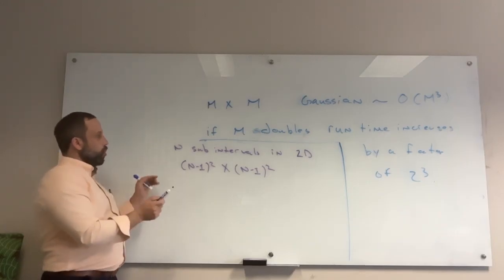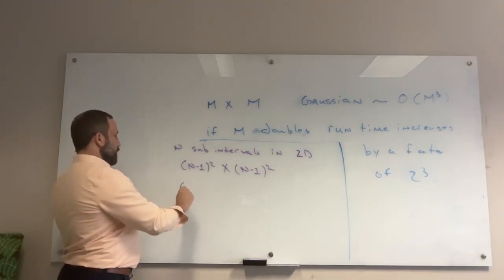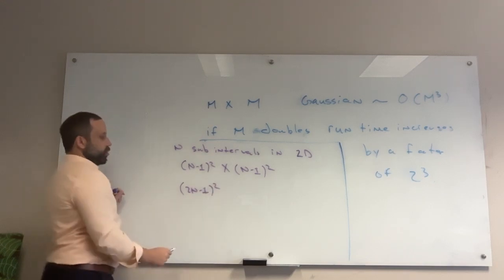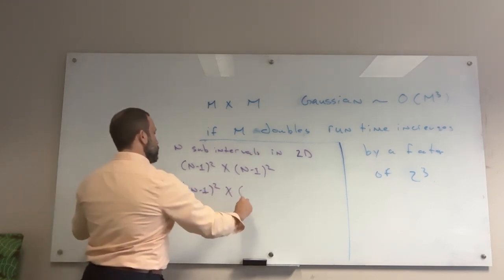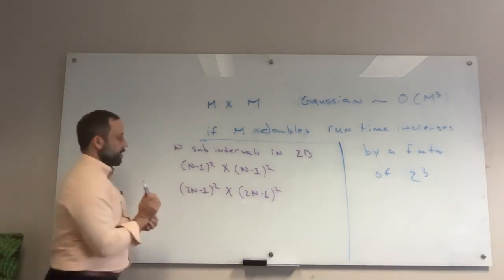Okay, so if we double that, it will be exactly 2n minus 1 squared by 2n minus 1 squared.